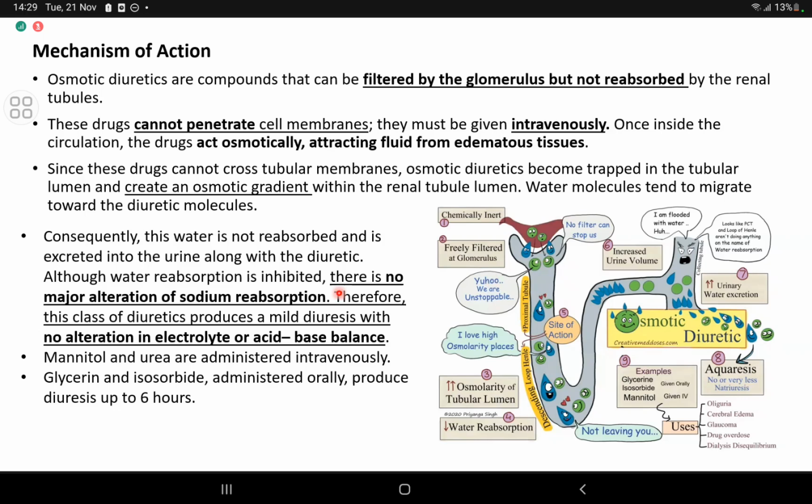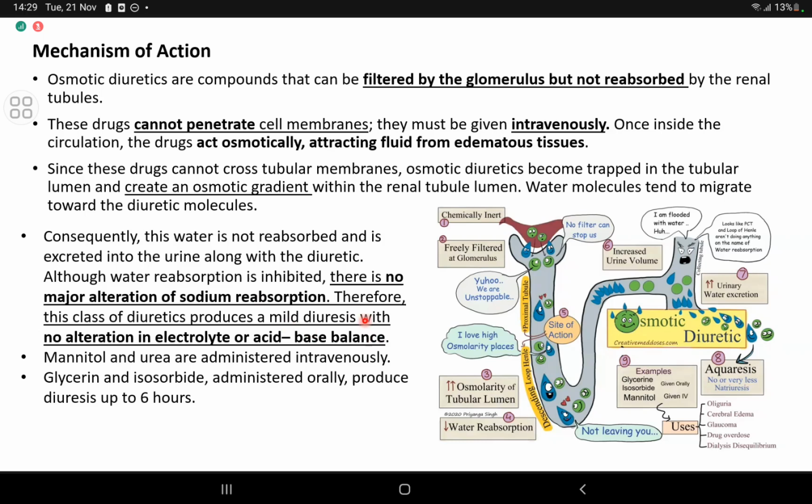So that's why there are no major alterations of sodium reabsorption for this group of compounds, meaning that they are not playing around with sodium reabsorption. They only cause osmotic gradients. Since they do not alter your sodium reabsorption, they are considered mild diuretics. Diuresis means the effect is very mild.